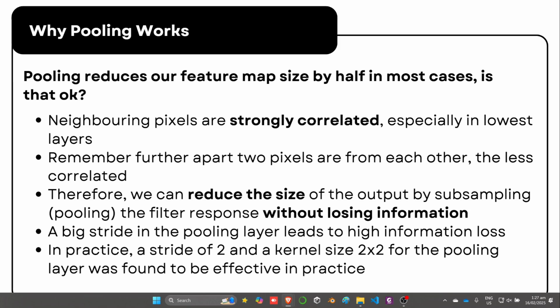I showed you before that it allows us to have translation invariance without losing information, which is a good thing. Why is that? That's because neighboring pixels are usually strongly correlated in the lowest layers.